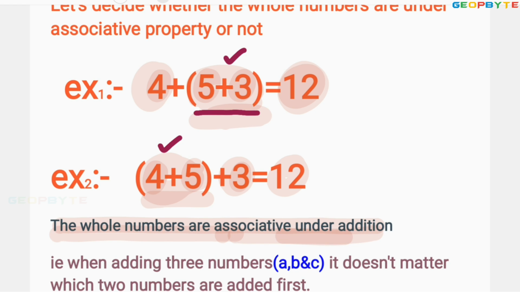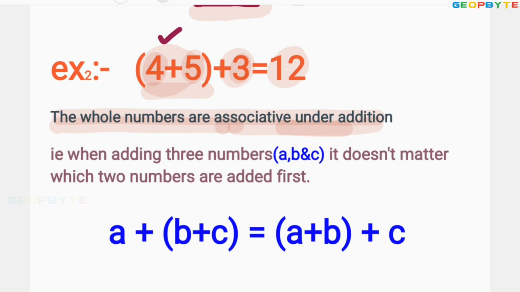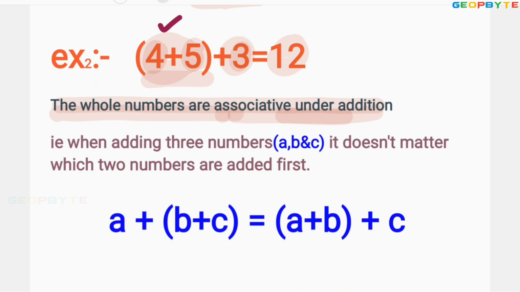The conclusions are, look at the conclusion. When adding three numbers like A, B, C, it does not matter which two numbers are added first. It means (A plus B) plus C equal to A plus (B plus C). I hope you clearly got my point.